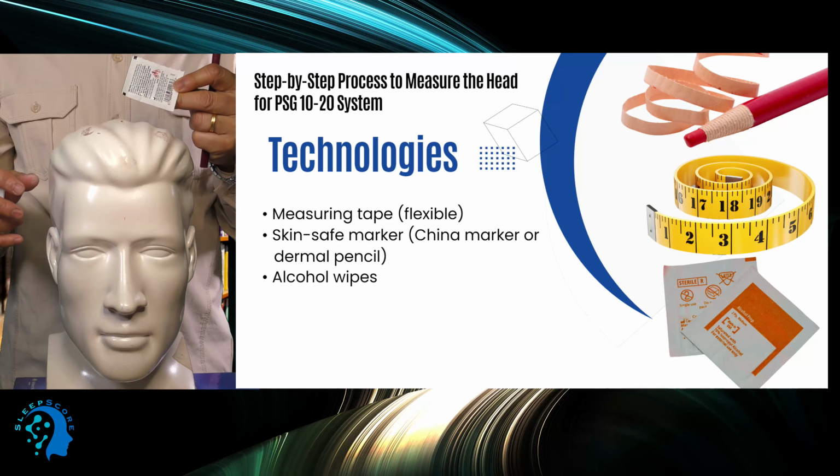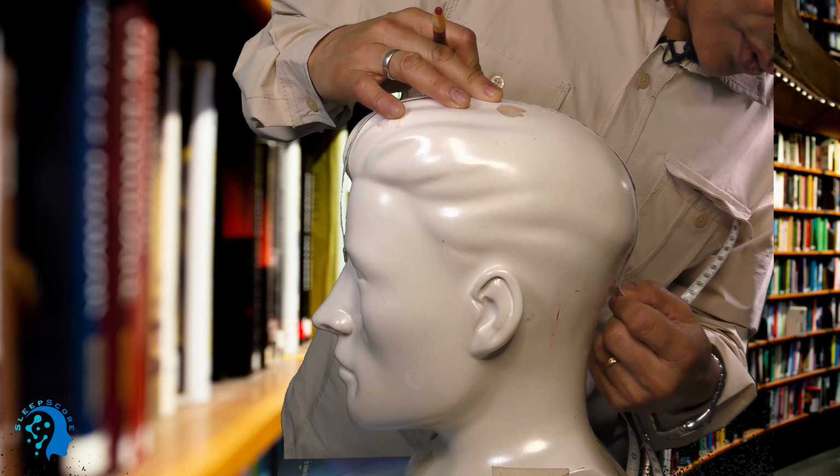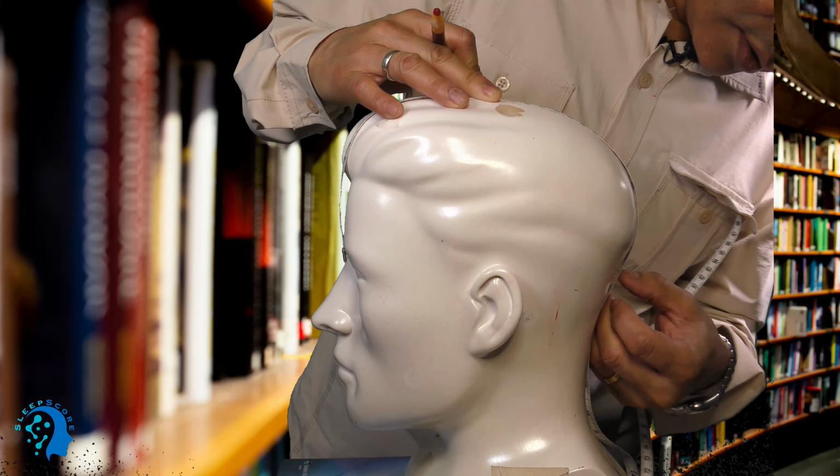Because this is called the 10-20 measurement, once you measure from Nasion to Inion, first you mark half of this, then you go 10% up from here, which is 3.8, and 10% up from Inion too, which is 3.8. One, two, 3.8 right here.